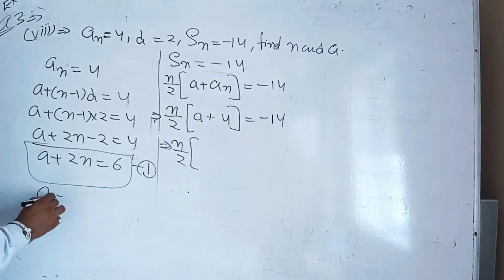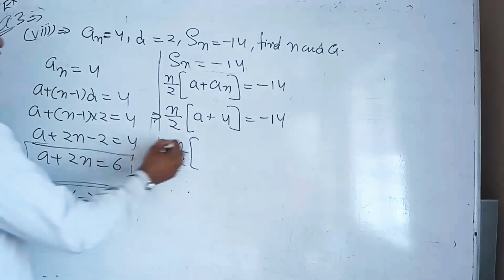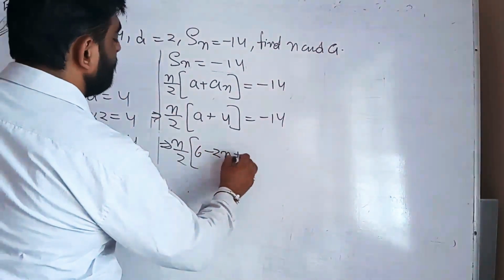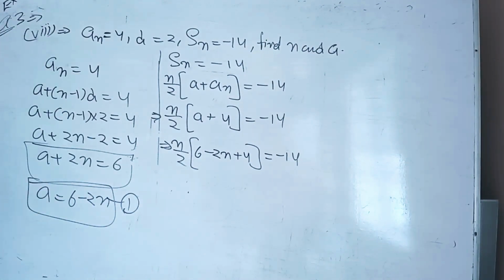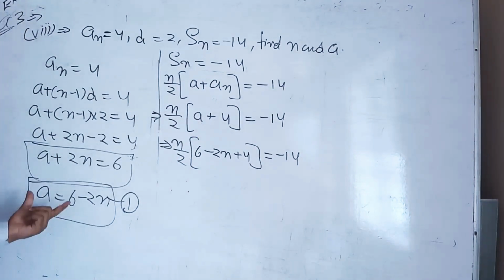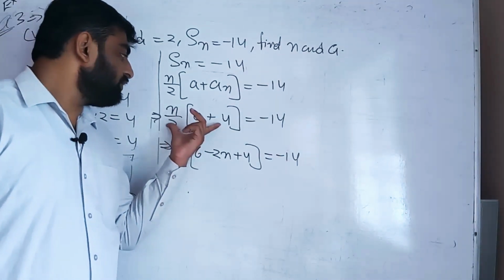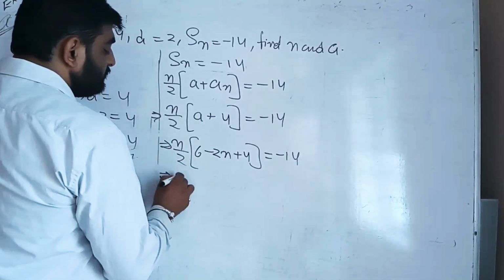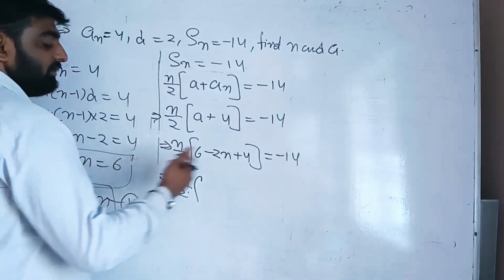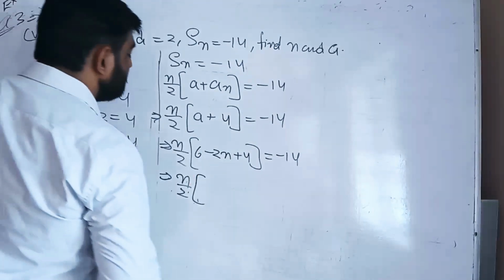So we have to find the value of a from equation number 1 and put it here. With two unknowns we can't solve the equation, so we substitute the value of a from equation 1. Then all terms are in n, and only one unknown term remains, that is n.